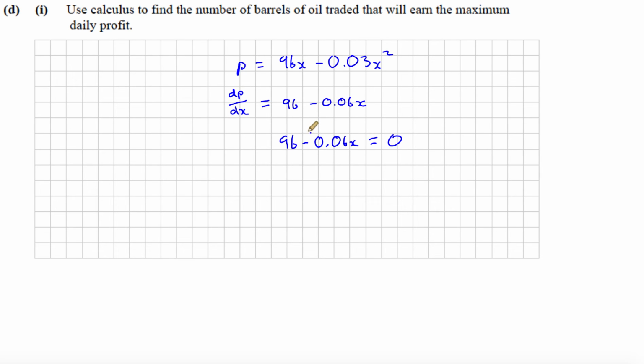So what we can do now is bring this over to the other side, and it's going to become positive 0.06x. So we have 0.06x is equal to 96. So x is 96 divided by 0.06.